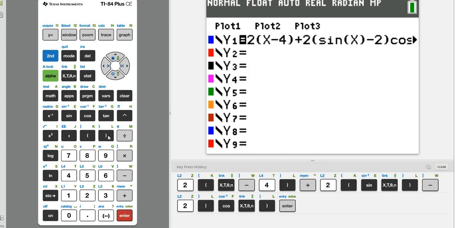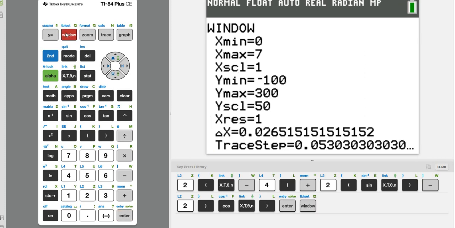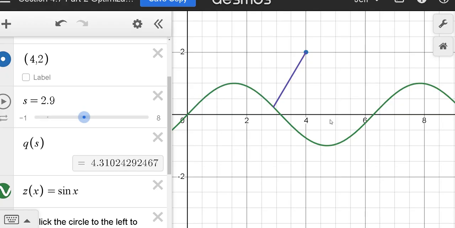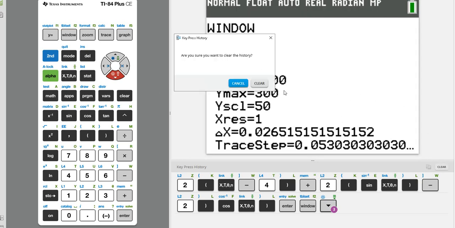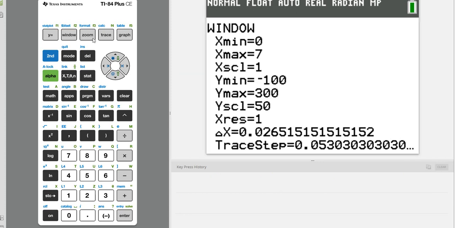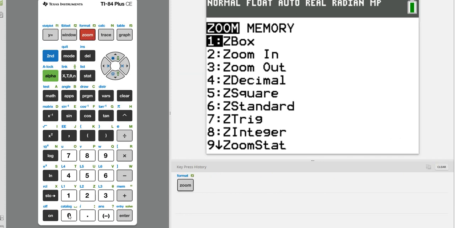So there's our function. Now, as far as our window is concerned, I think we could probably get away with some of what we had from the last one. In looking at this graph, 0 to 7 should be pretty good. I'm not sure what to expect on the y-axis, so one workaround is to hit Zoom 0.